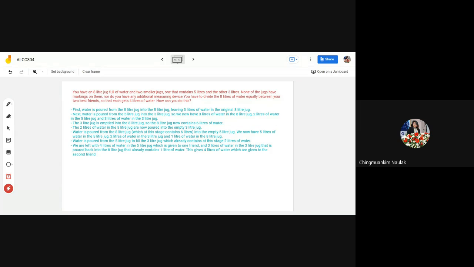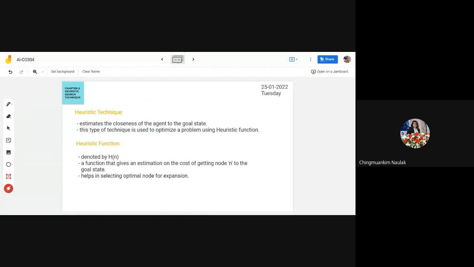Okay, so moving on to the next. Today we are going to start with the second chapter, that is heuristic search techniques.